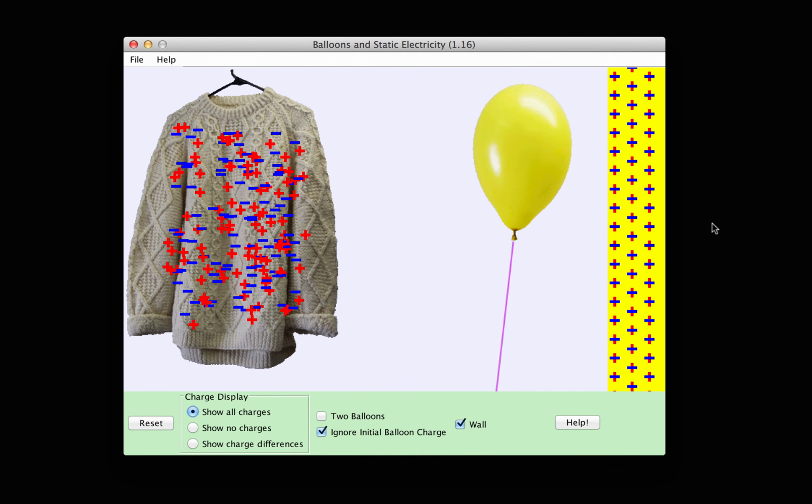Here's an animation that helps you understand how electrons and protons are able to move when objects are charged. So you can see the sweater is neutrally charged. You can tell it's neutrally charged because it has an equal number of protons and electrons, and they're equally distributed.